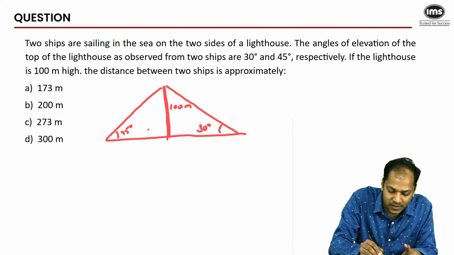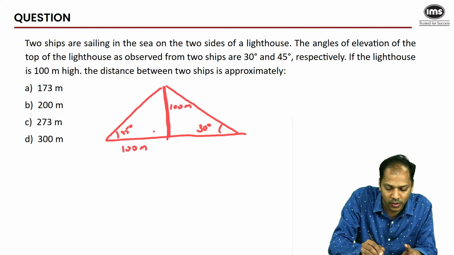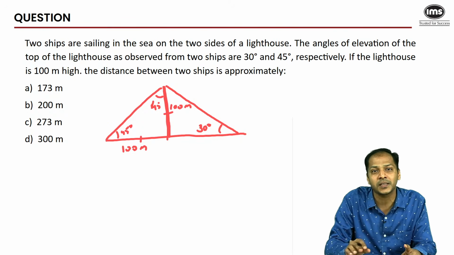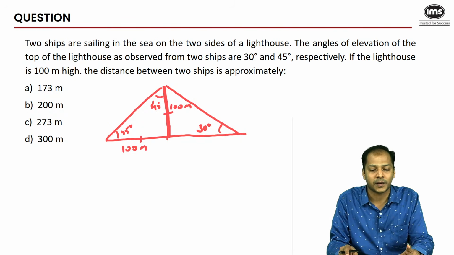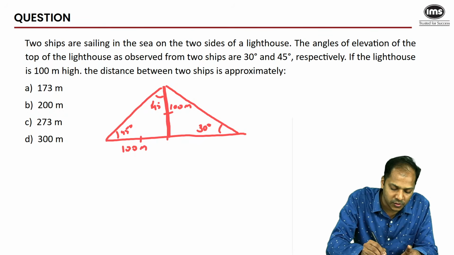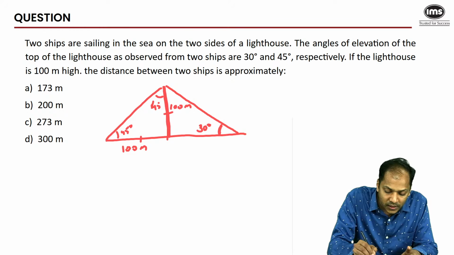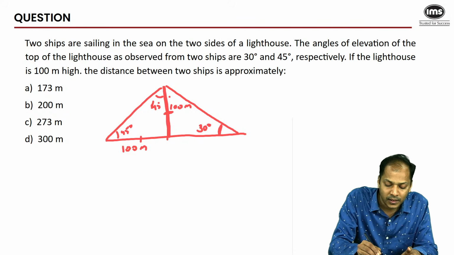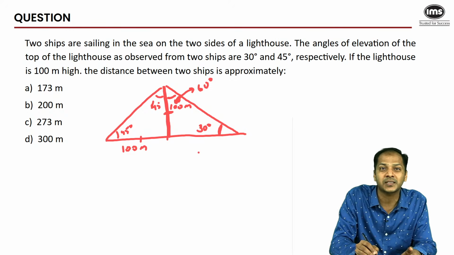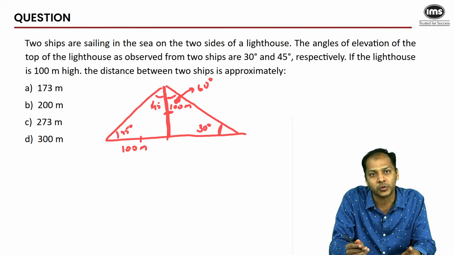So if this is 100 meters, this distance is also 100 meters, because 45, 45, 90 degrees, this is an isosceles right angled triangle. So if this is 100, this is also 100. Coming to the 30, 60, 90, the side opposite 30 degrees is 100. Therefore, the side opposite 60 degrees, so this angle is 60 degrees, is nothing but root 3 times the side opposite 30.